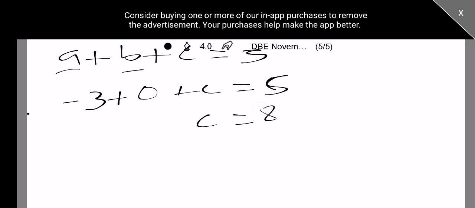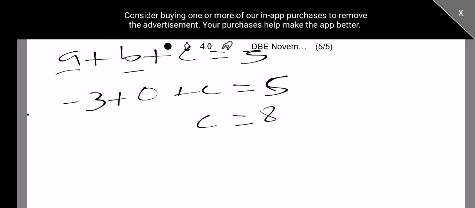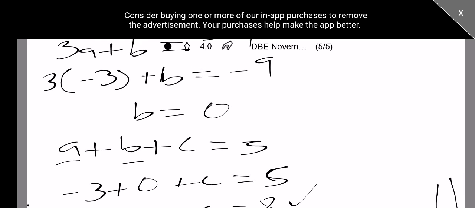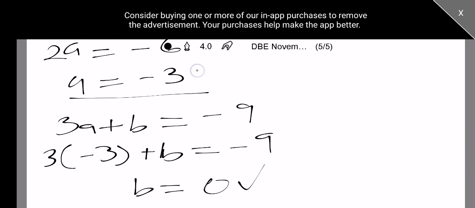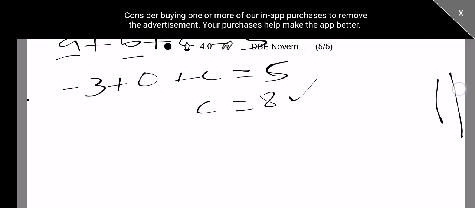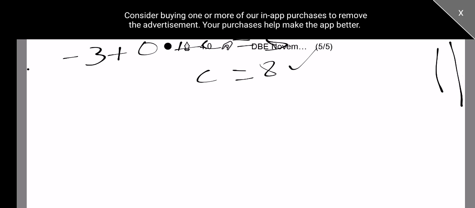Now we have the value of c, b and a. Now let's write down the equation for the nth term. It's going to be -3n squared plus 0, I'm not going to write it down here, plus c, which is 8.